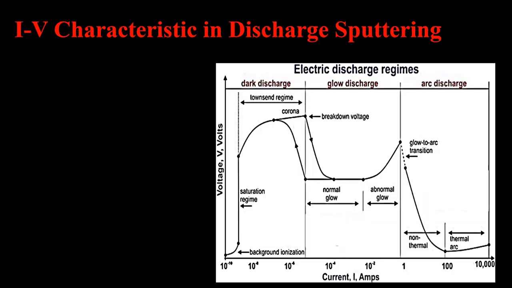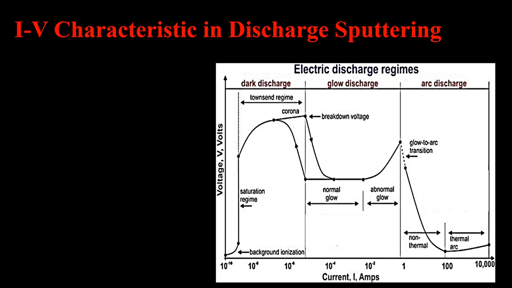So dear students, now coming toward the current and voltage behavior inside the sputtering apparatus. As you know, with the application of an external potential, or voltage, current is generated as electrons travel from the cathode toward the anode. These electrons generate a current.